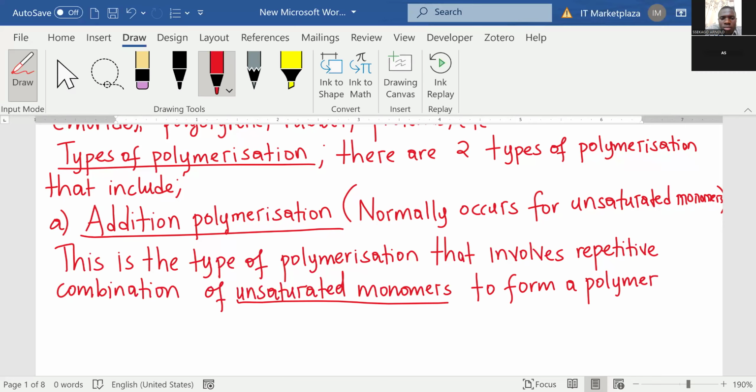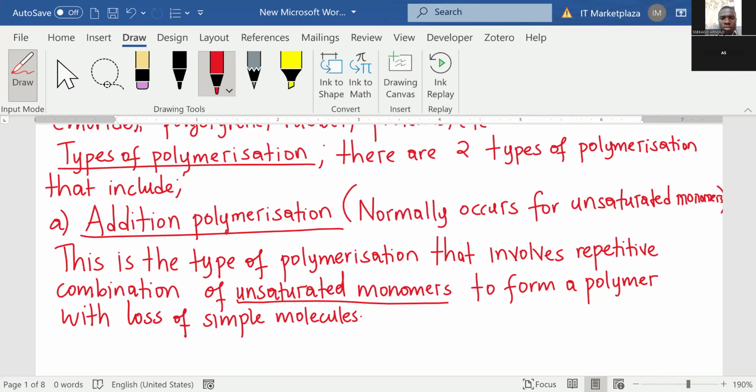Repetitive combination of unsaturated monomers form a polymer without loss of simple molecules. There are keywords here that are going to help us distinguish between addition polymerization and the other type. So what are those keywords?